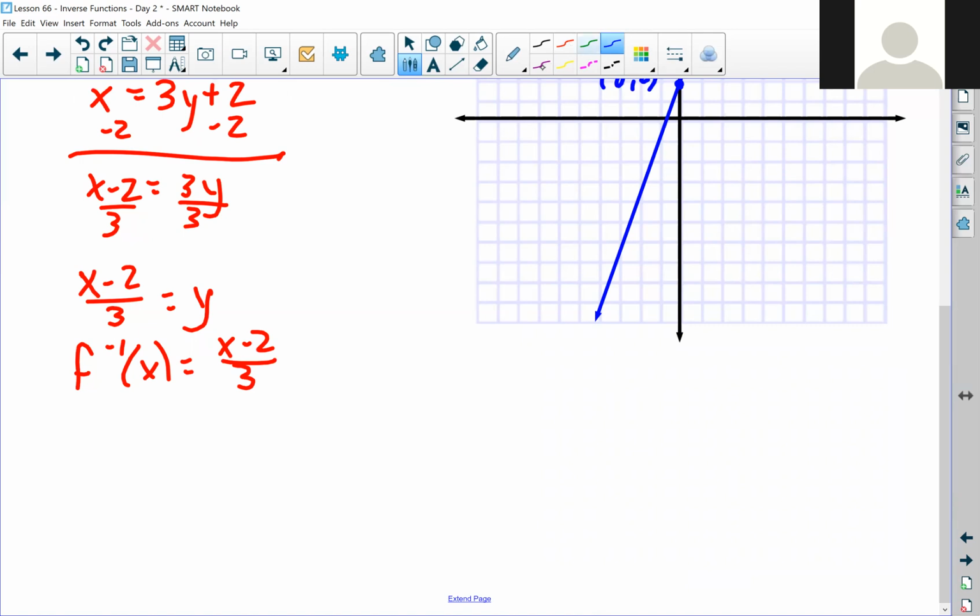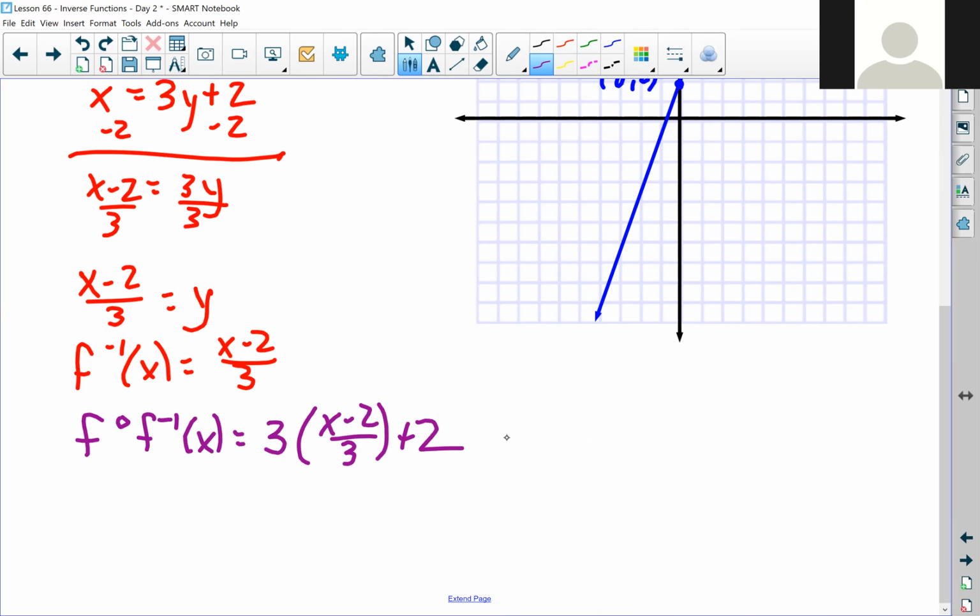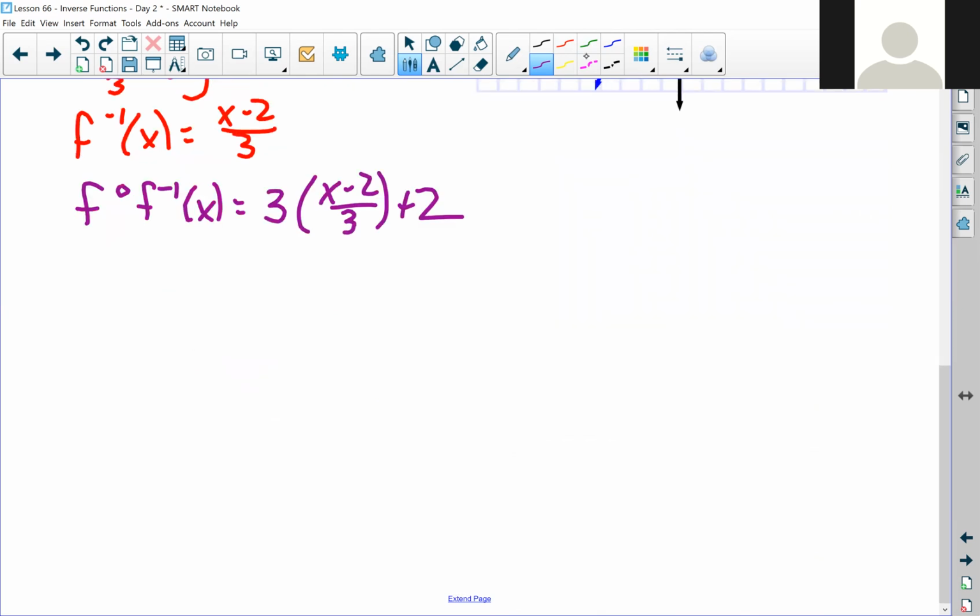All right, verify that that's actually the inverse. So 3 times (x - 2)/3 plus 2. Again, taking my inverse, plugging it into my function wherever x is. The 3's cancel.